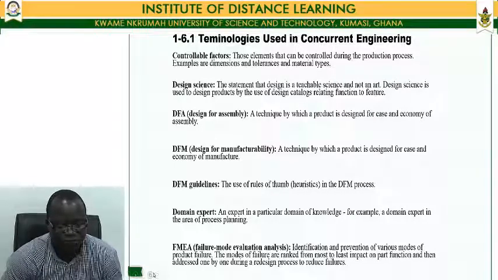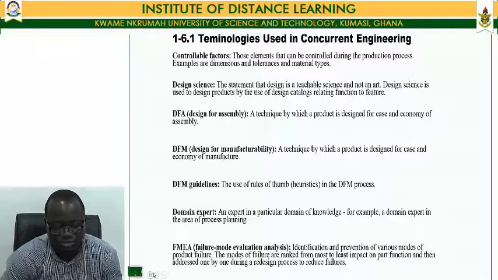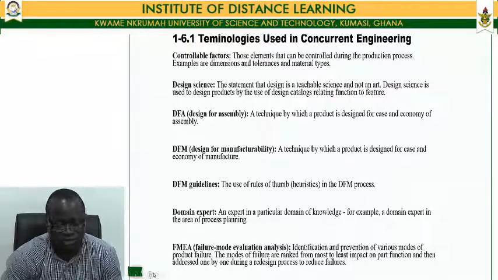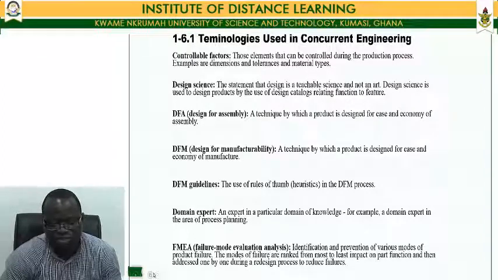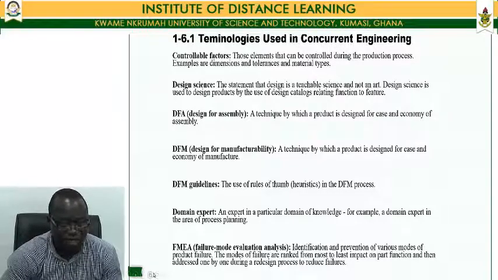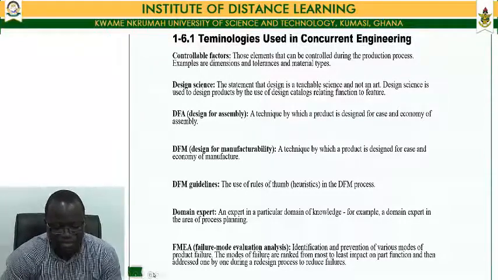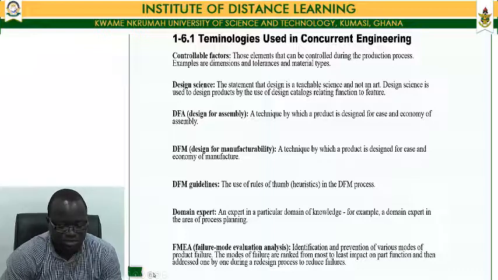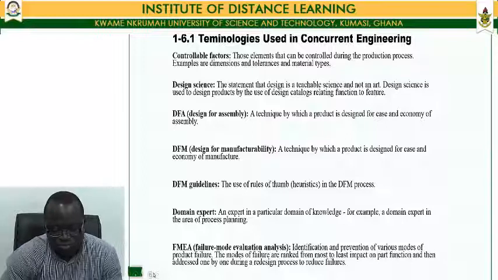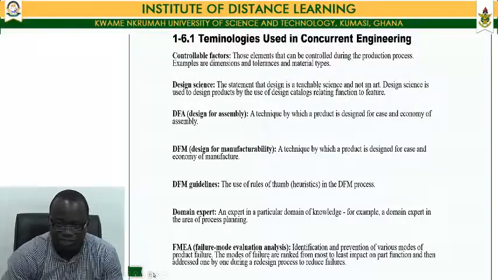Now, design for manufacture is also in the same league as design for assembly, where you are designing for ease and economy of manufacture. We have some guidelines which actually guide design for manufacture techniques, and they are simply some rules of thumb that we use in the design for manufacture process.